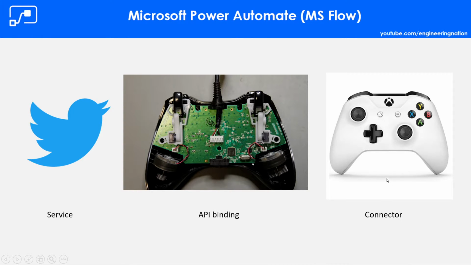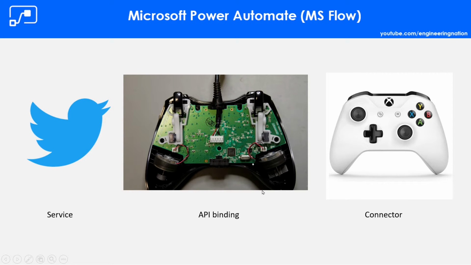Same thing here: this controller has the interface through which we are connecting to the services that we have. Maybe here we have PlayStation, but I am putting Twitter, so we are communicating with Twitter. A connector is nothing but the front interface where we are connecting with the services.